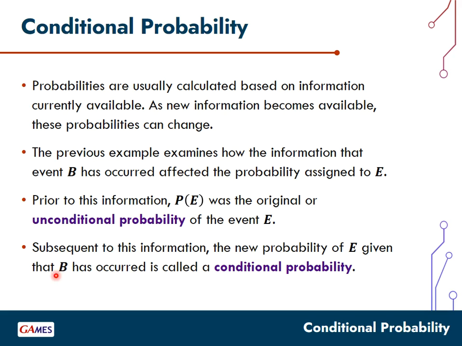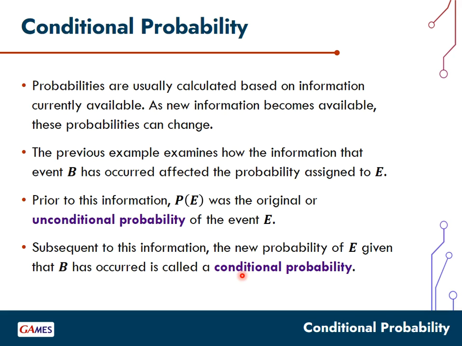The fact that B has occurred and you're trying to check the new probability doesn't mean there's no uncertainty anymore. The only thing here is that now you have a little bit more certainty based on knowledge of this information.